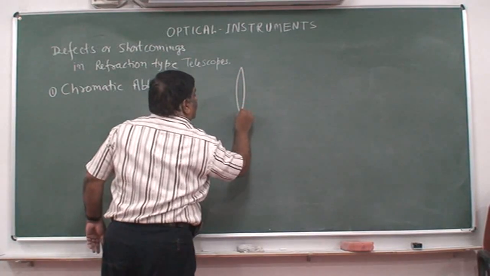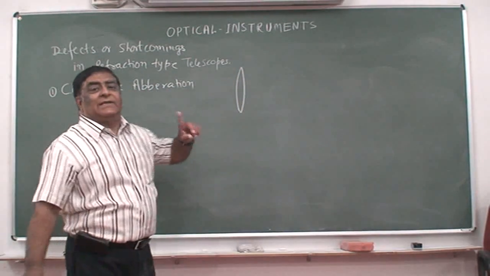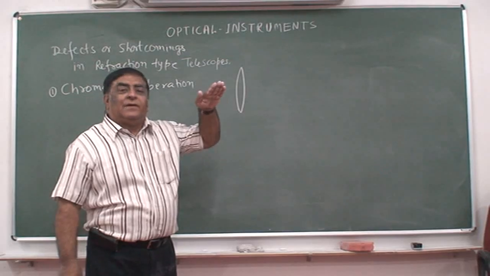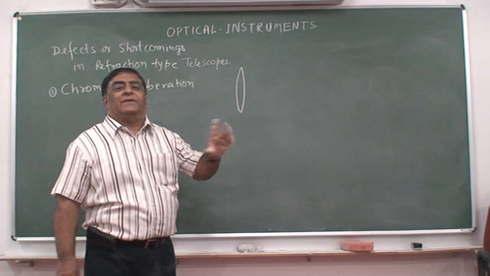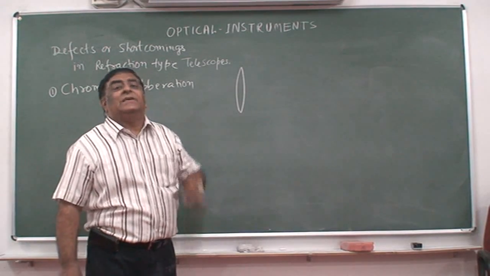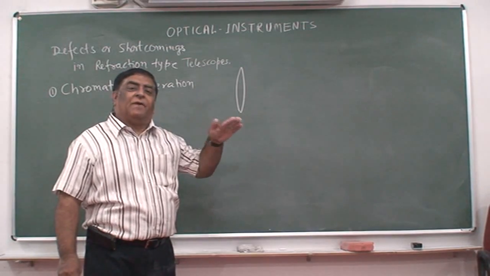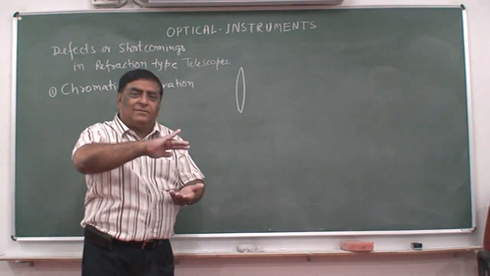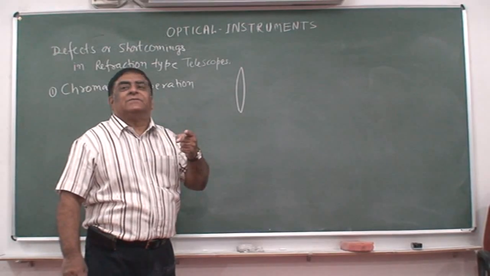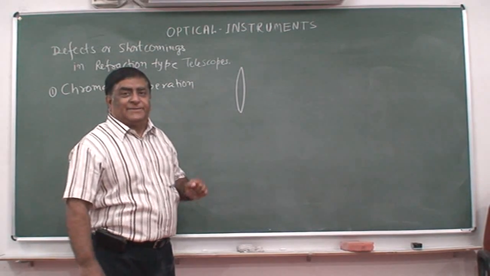We have studied in the lens that each wavelength is refracted by a different angle. Each wavelength means each color. Every color has a different wavelength. Or the other way, different wavelengths are called different colors.